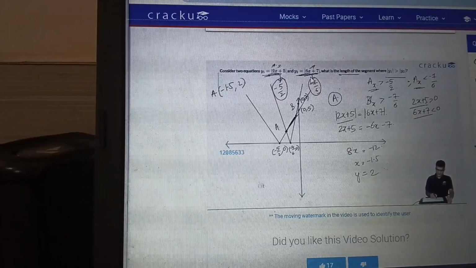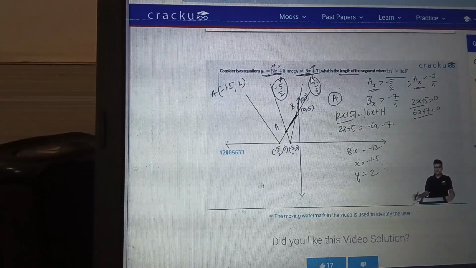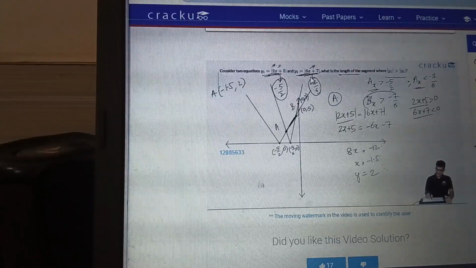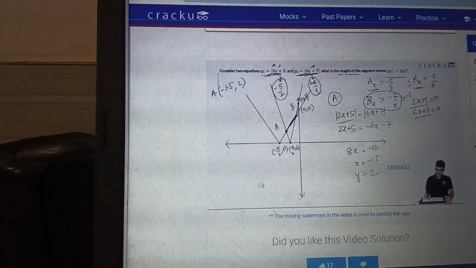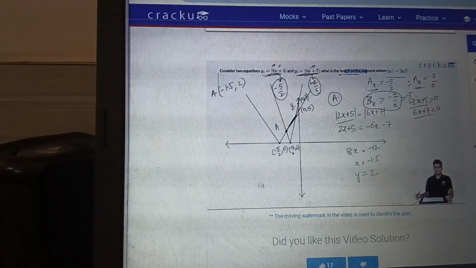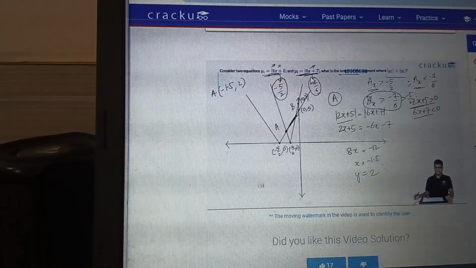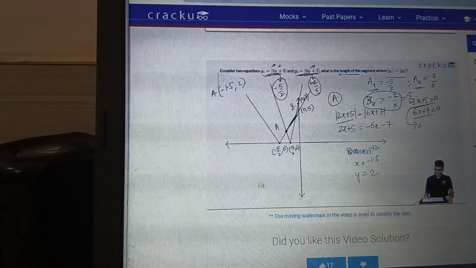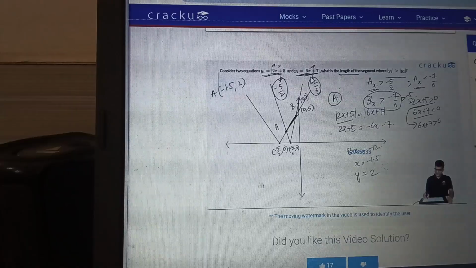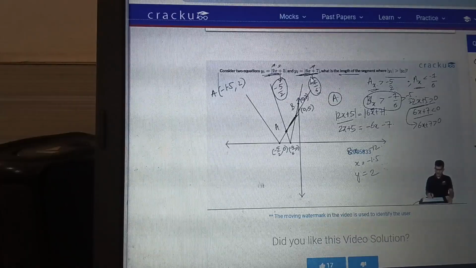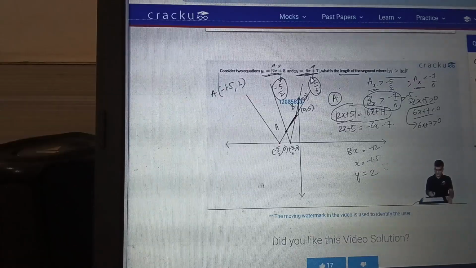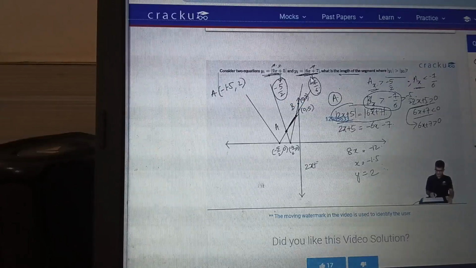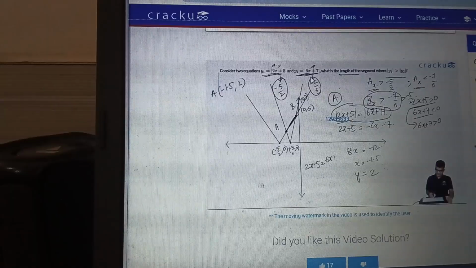If you are trying to find out the coordinates for B, what do we know about B? We know that the x coordinate is greater than minus 7 by 6. Therefore, it is also greater than minus 5 by 2. It is to the right of both of these points. So the value of 2x plus 5 is positive. Similarly, the value of 6x plus 7 also is positive in the case of B. So if you are trying to equate modulus of 2x plus 5 to modulus of 6x plus 7, it will simply be 2x plus 5 is equal to 6x plus 7.